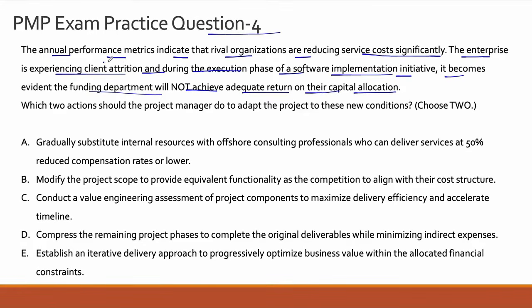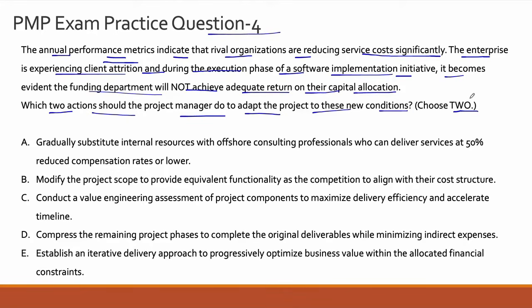So because of this client attrition, a project which is midway, in the execution stage, they are forecasting, it has not happened actually, but it's a forecast that the funding department will not achieve adequate rate of return on their capital allocation. Which 2 actions should the project manager do to adapt the project to these new conditions? And you have to choose 2 options.